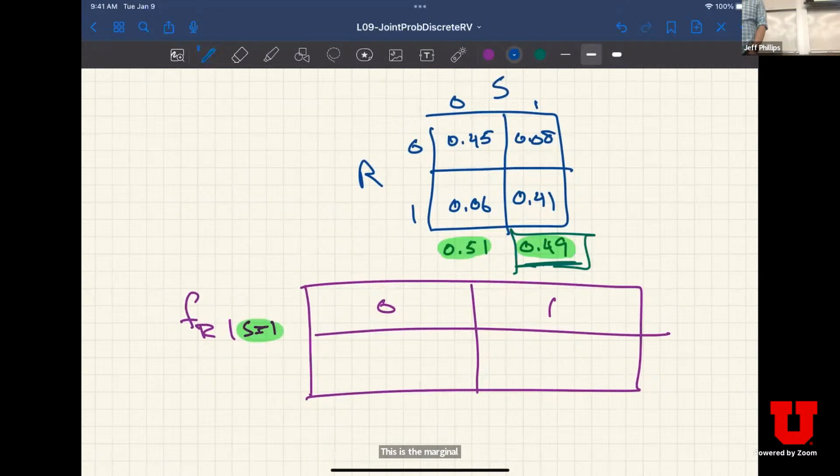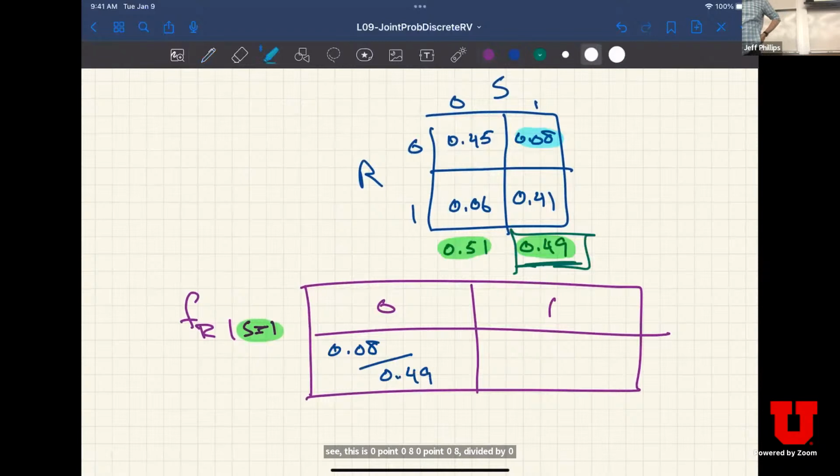Now I can compute the probability that R is equal to 0, given that S is equal to 1. That's going to be 0.08 divided by 0.49. And I can similarly do the probability that the received bit is a 1, which is 0.41 divided by 0.49.